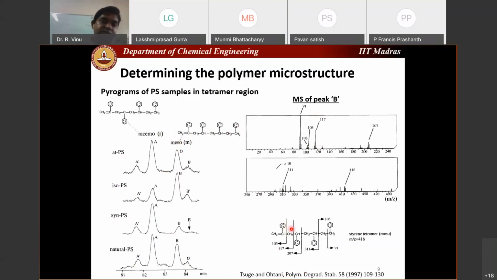This is a very classic example of how Py-GCMS can be used to understand the structure of the polymer. From this you can say how many types of racemo, meso, dyads or triads are going to be present in the polymer sample that has been synthesized according to a particular technique.